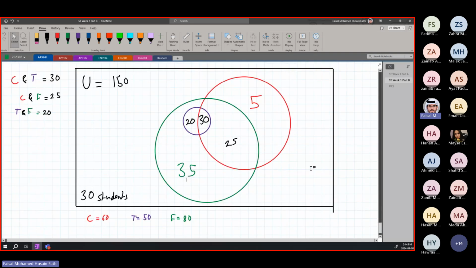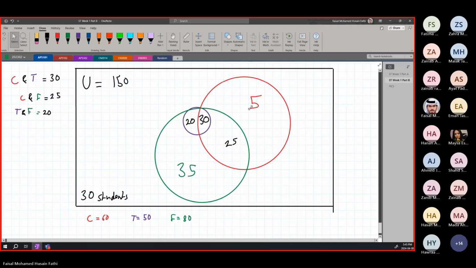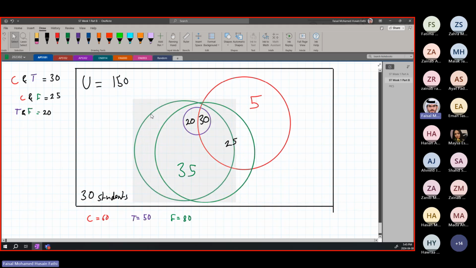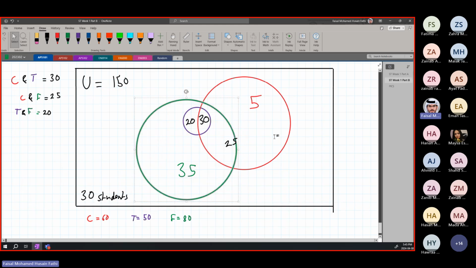If you notice another thing, we are trying to make sure that everything, oh, sorry, here, this 30 is not shared inside, it's shared outside. So it's going to be more like, let me try to move it better. Move this to the right. It's going to look something like this. There we go.